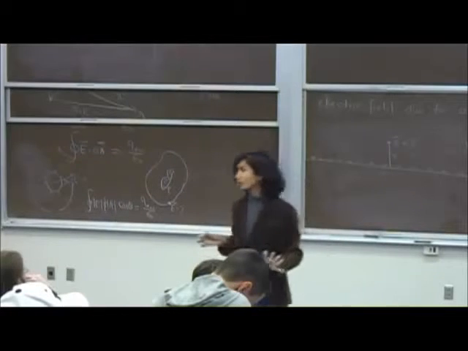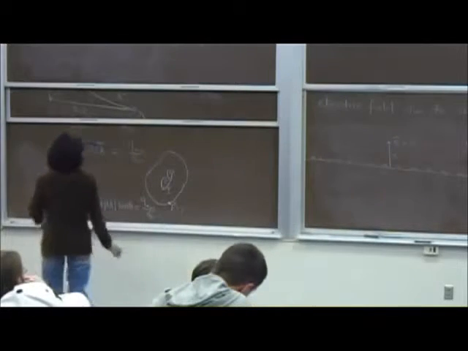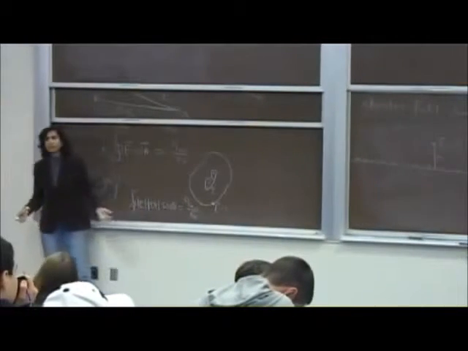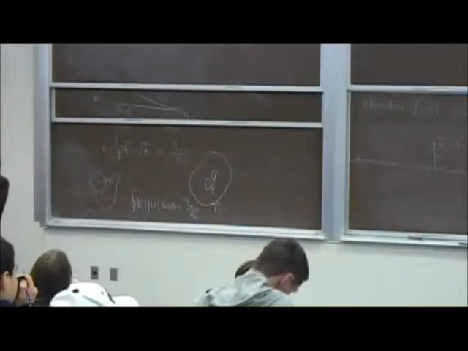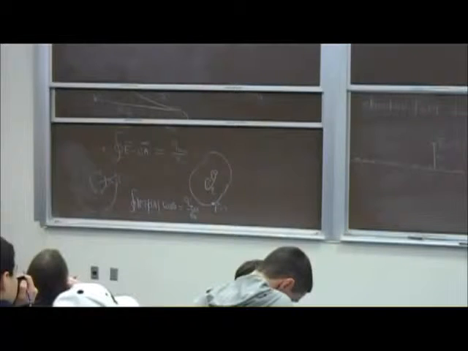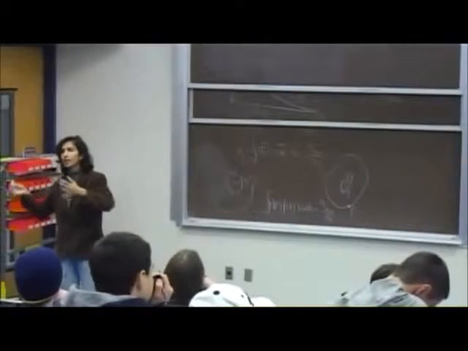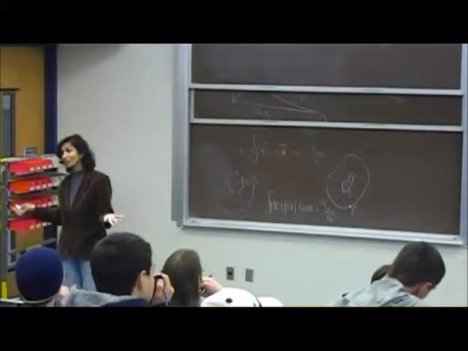Because we don't really want to do any tough integrals. We don't want to get our hands dirty with difficult integrals, because otherwise what's the point of using Gauss's law? We might as well go back to Coulomb's law, and think about little dq's and adding up vectorially the contributions of dq's.